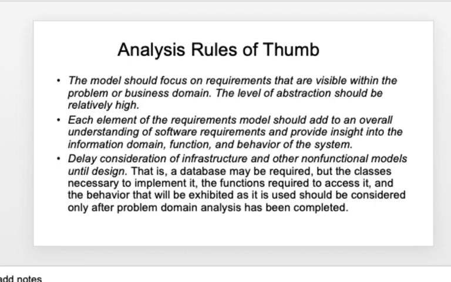Then each element in the requirements model should add to an overall understanding of the software requirements, and that will provide further insight into the information, functional and behavioral domain of the system. Then delay consideration of infrastructure and other non-functional models until the design phase.